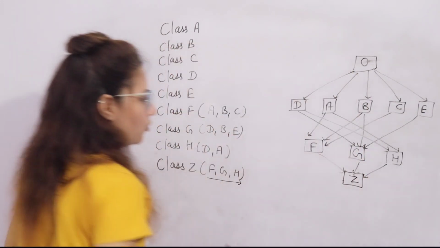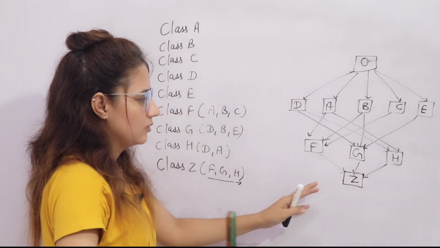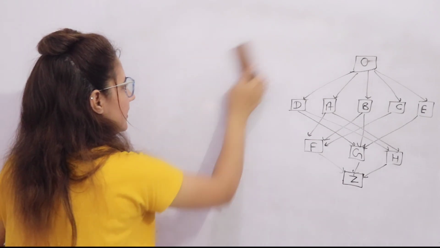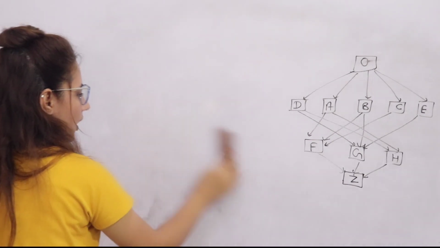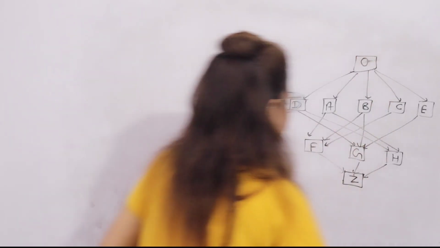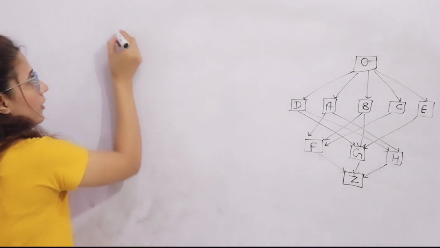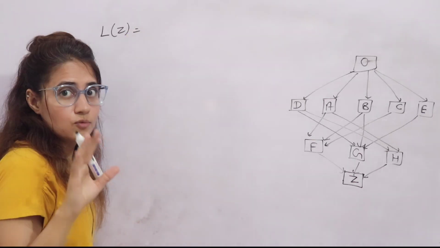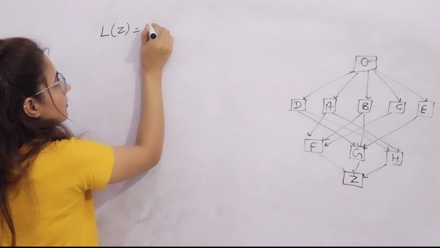Now how to find out the MRO of Z? What is that C3 linearization algorithm? How to find out? Let's see the steps. If you find out the linearization of Z, then please watch carefully.